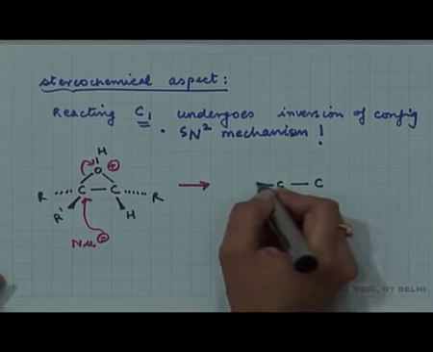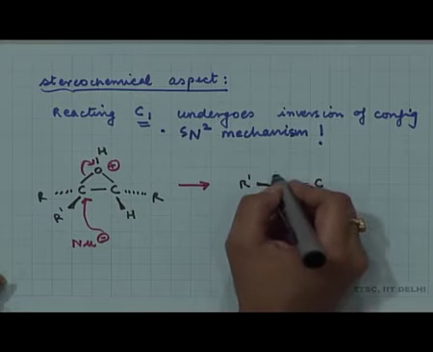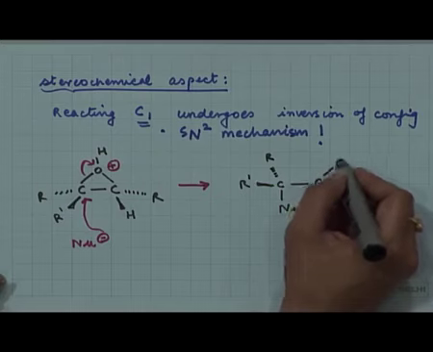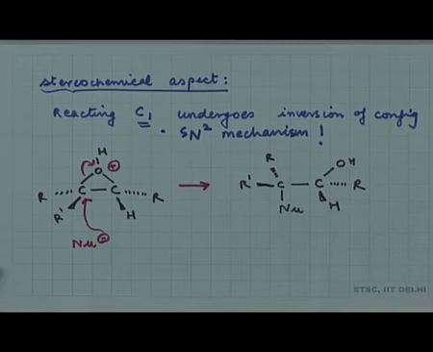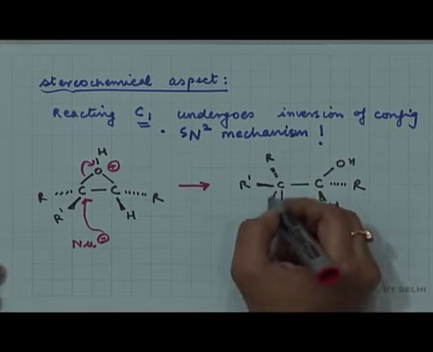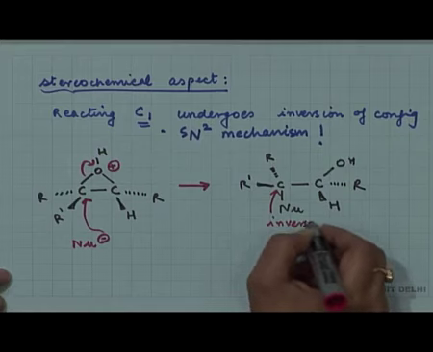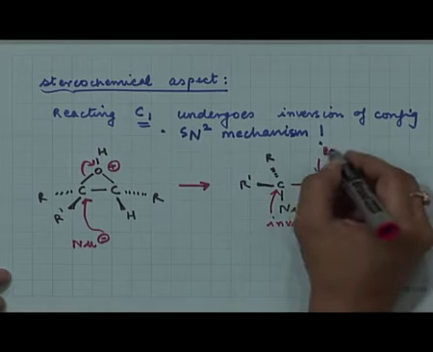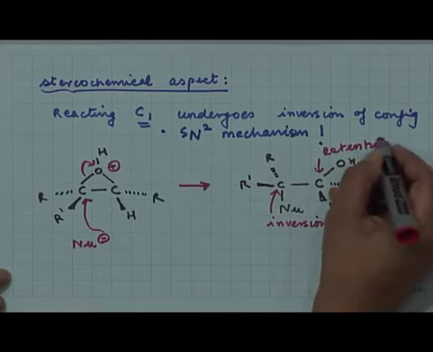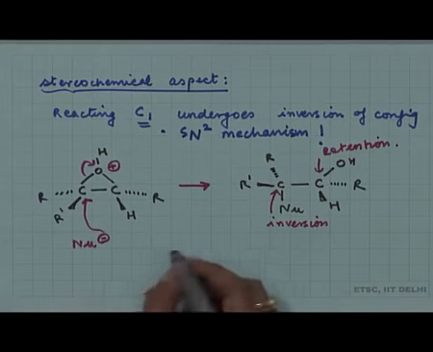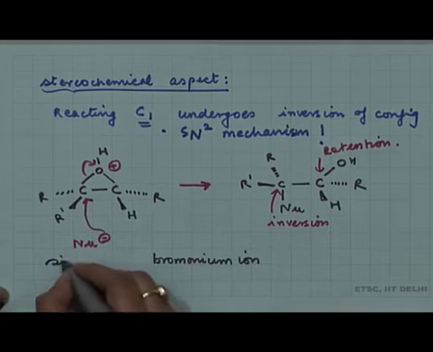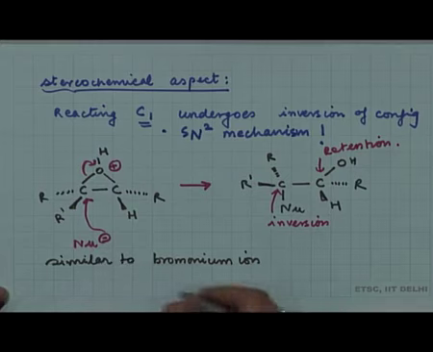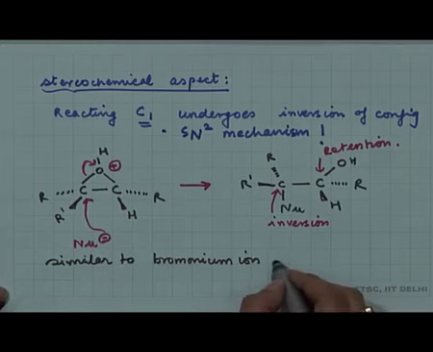So, your nucleophile, your R dash and your R, this is OH, this is R and this is H. So, this carbon shows an inversion, and this carbon shows the retention of configuration as a result of the ring opening. So, this is similar to the cyclic bromonium ion intermediate. If you recollect, it is similar to the bromonium ion intermediate, in which also there is a backside attack of the nucleophile. Okay.